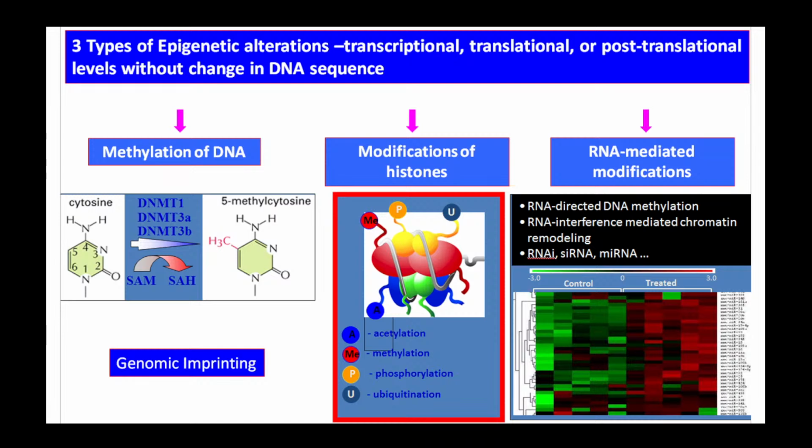So the ways of epigenetic alteration are methylation of DNA, modification of histones, and RNA-mediated modification.